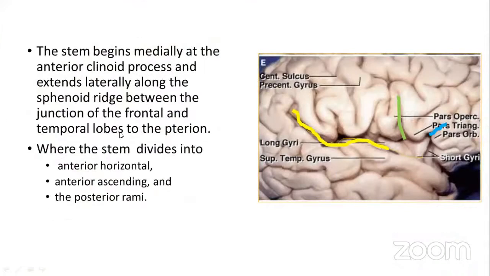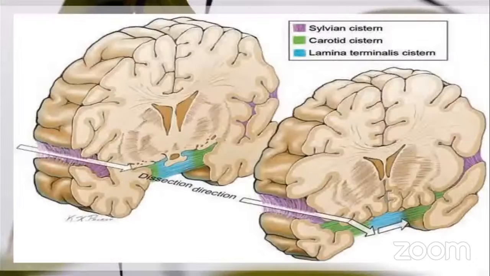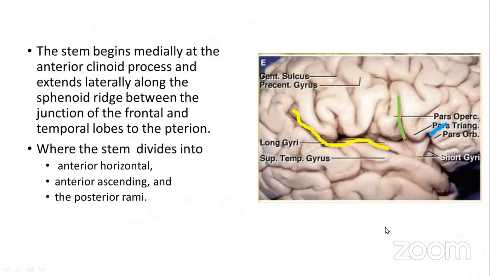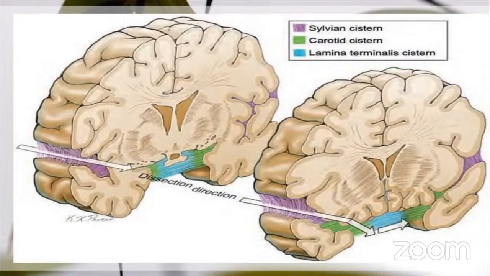So going further in detail, this is the lateral view of the brain, in which we have basically divided the Sylvian fissure into the anterior horizontal, then the anterior ascending, and then the posterior ramus of the Sylvian fissure. The stem, if we have the coronal cut of this, in which the skull base is also shown, we can see that from the anterior clinoid process we don't have the bony window in here.